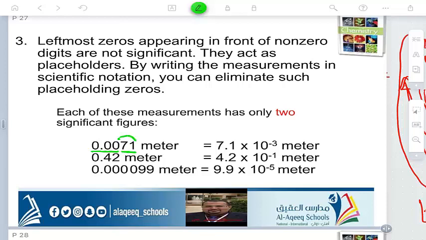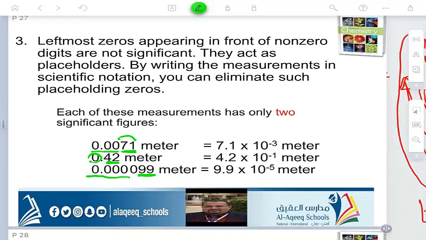So we have 2 significant figures here. What about this 1 and 2? We don't count these zeros. Why? Because they are not located between non-zero values or numbers.